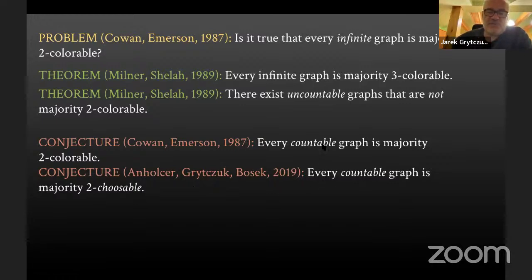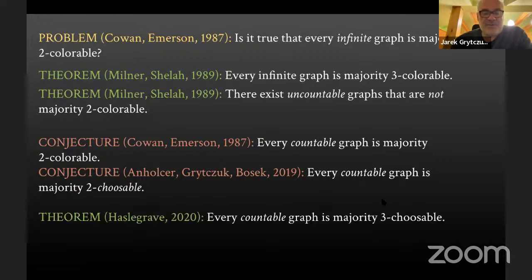Of course this one is stronger than this conjecture, which is quite difficult. But actually, it was proved recently that every countable graph is majority three-choosable. So this is now again quite close to the very hard conjecture, by just one color.